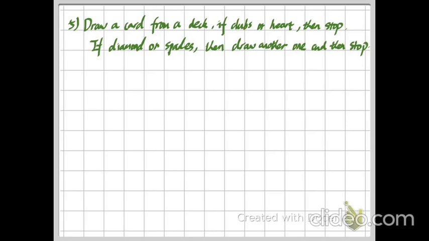That means in total, we will draw 2 cards. So when we talk about the first draw, of course, we have 4 possible outcomes: the spade, the club, the heart, and the diamond.